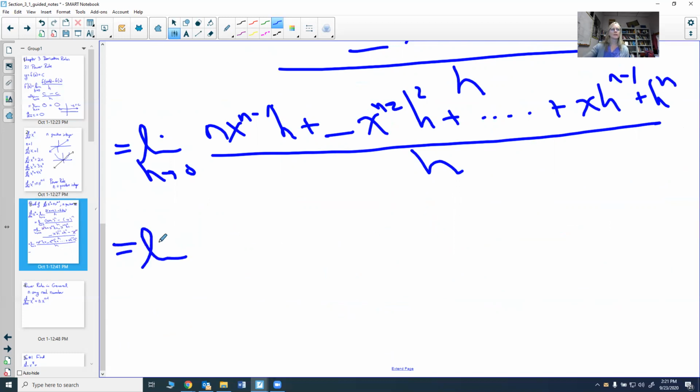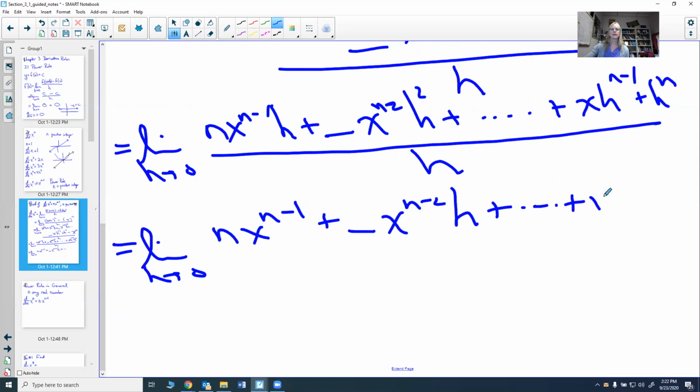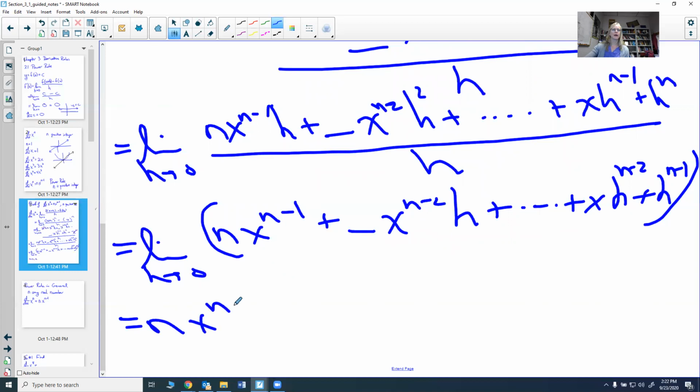So when I do that, I get the limit as h goes to 0 of n x to the n minus 1, that h is now gone, plus something x to the n minus 2 times h, plus x h to the n minus 2, because we canceled 1, so there was minus 1, now there's minus 2, plus h to the n minus 1, because we canceled 1. And the reason I didn't worry about all those somethings is because every single term here has an h except the very first one. And when I let h go to 0, all of these will go to 0. So we're left with n x to the n minus 1.